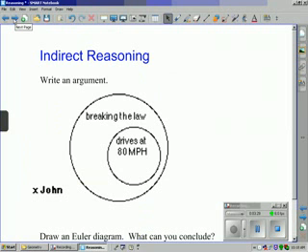For indirect reasoning, we still use Euler diagrams, and in this Euler diagram, we still have the same conditional statement.